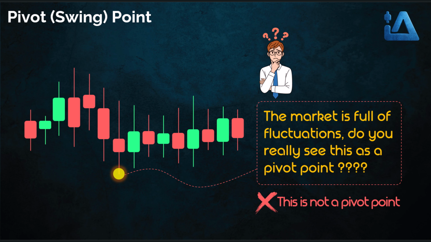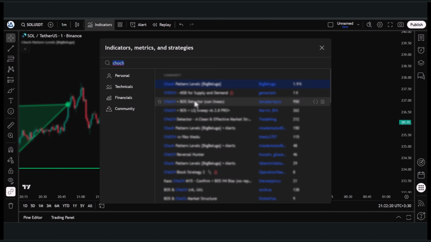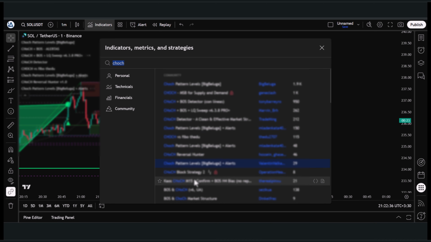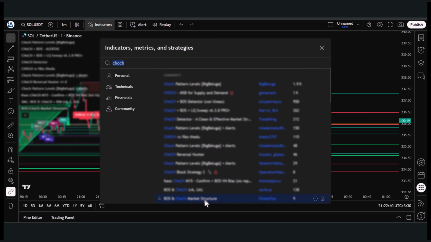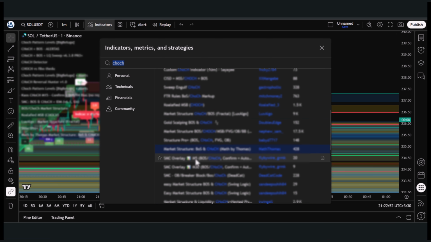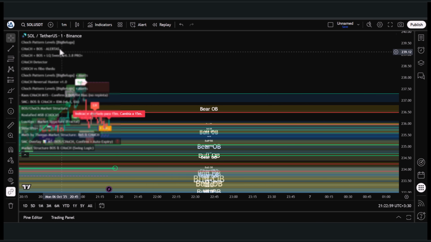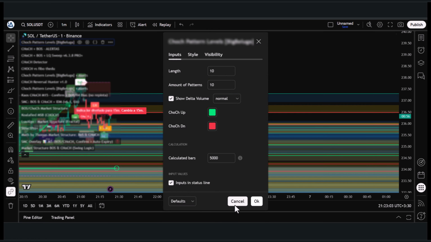In this video, we randomly picked a few of these indicators. All of these indicators ask the user for an input number to identify pivot points.